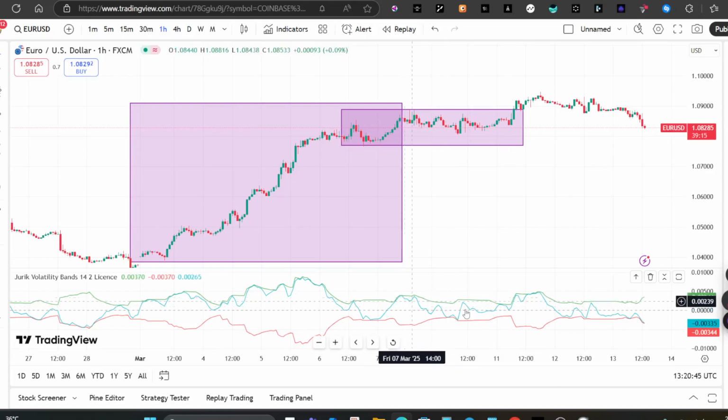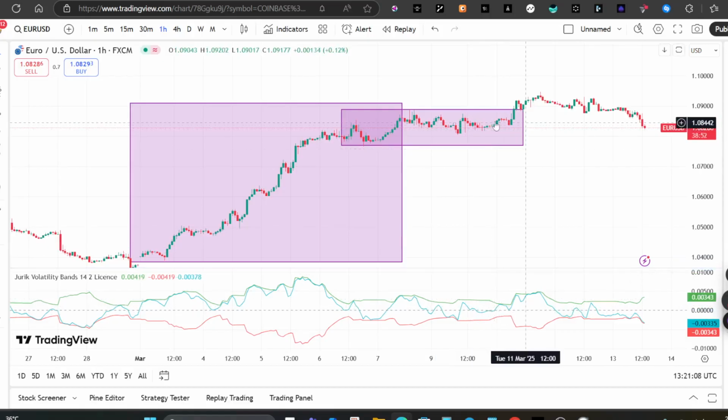Then now, with respect to narrow bands, when the bands narrow, it means the market is in a period of lower volatility. During this time, the market is likely consolidating or waiting for a catalyst that could trigger a move. This is often a waiting period for traders that are looking for a breakout setup.